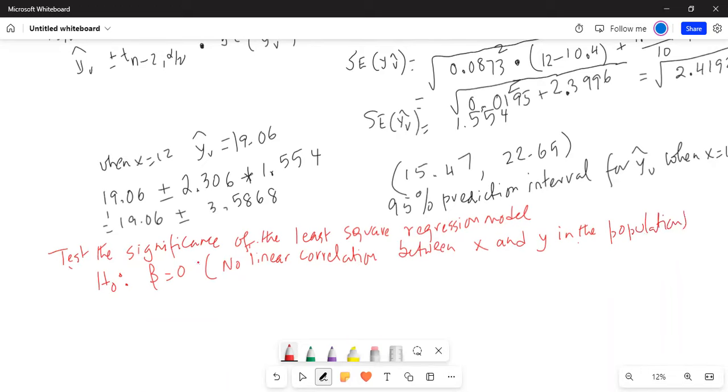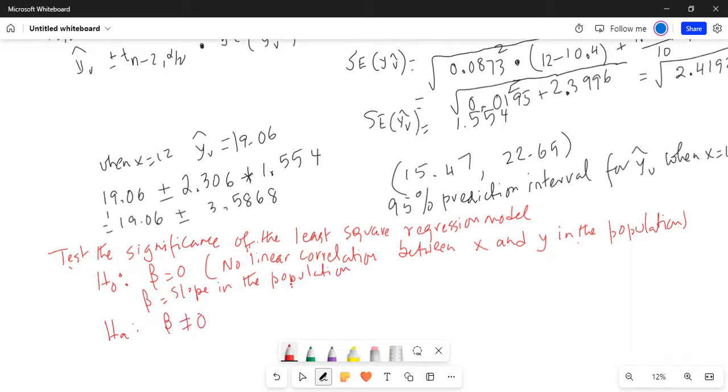Beta is the slope in the population, and we are assuming that is equal to 0 as a null hypothesis. So the alternate hypothesis is beta not equal to 0.